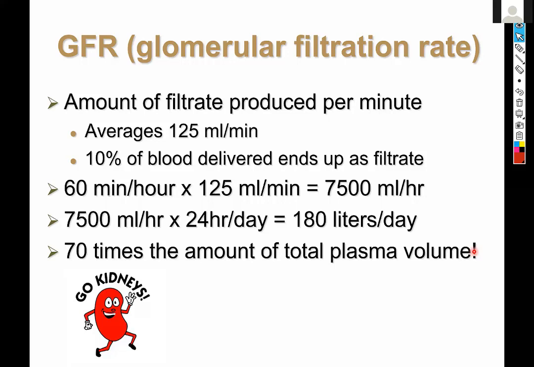You're constantly cleaning your blood of the wastes associated with being metabolically active. So 180 liters per day works out to be about 70 times the amount of total plasma volume. So this is considerable. And if you're just looking at these numbers here, imagine what happens if the kidneys begin to fail.